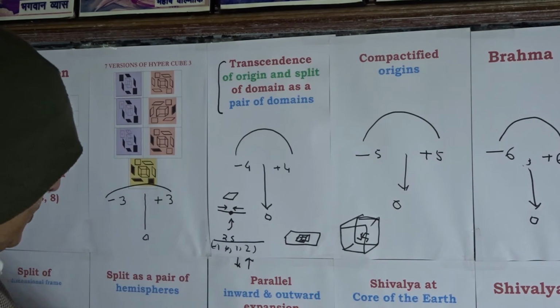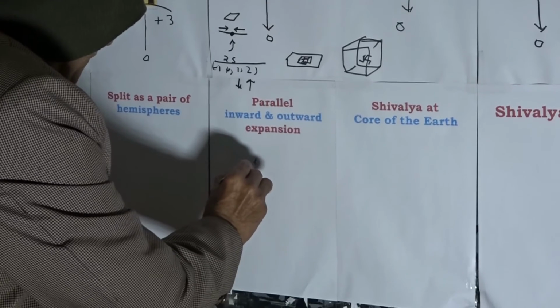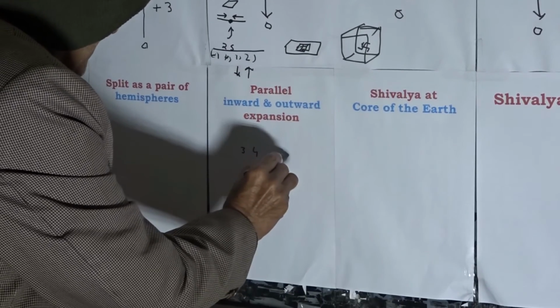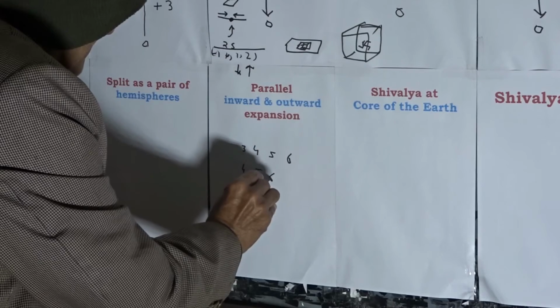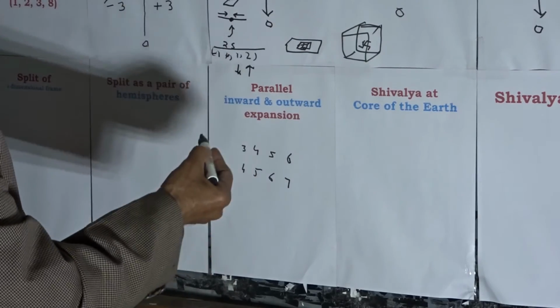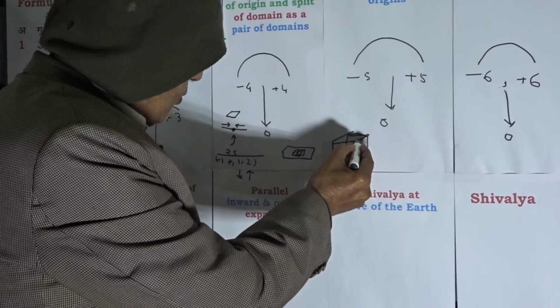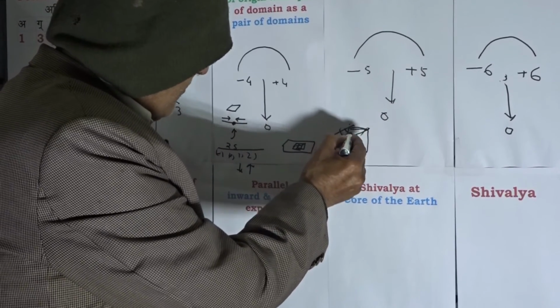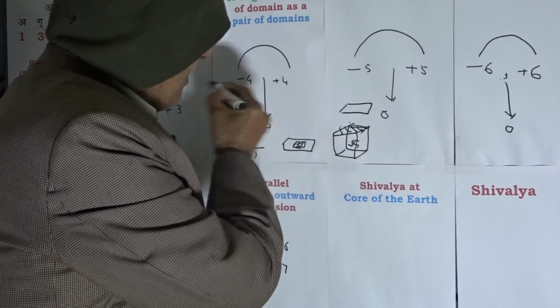And then we know that when we are having, say, 3, 4, 5 and 6, or we are having 4, 5, 6 and 7, what it takes us to is that there is going to be a simultaneous inward and outward expansion. Taking a cube, we know here we are having surface in the role of a boundary.